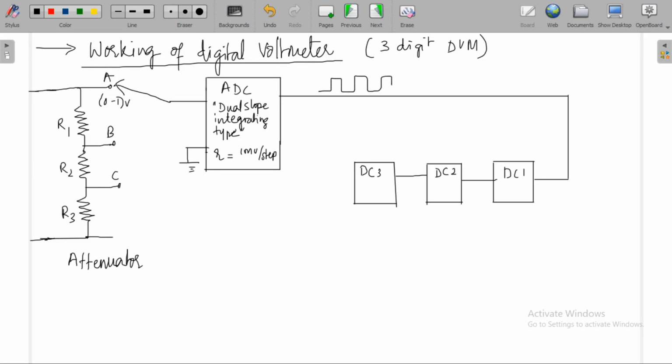This ADC will convert analog signal into digital signal. This digital signal is given to this DC1.